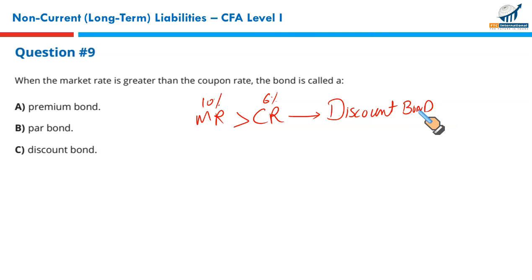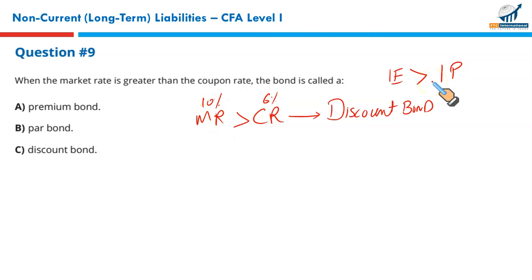In this case, remember, since it's a discounted bond, your interest expense will gradually increase. Interest expense will be more than the interest payment, because interest is paid at 6%, interest is charged at 10%, right?